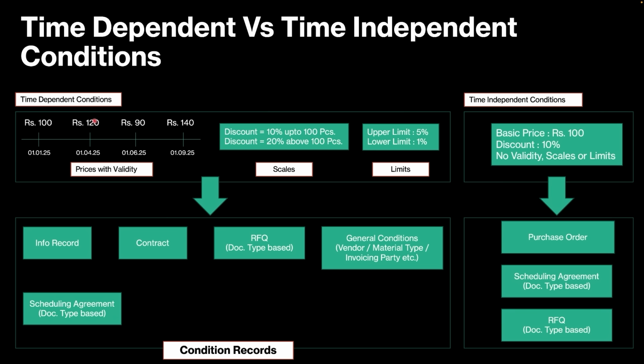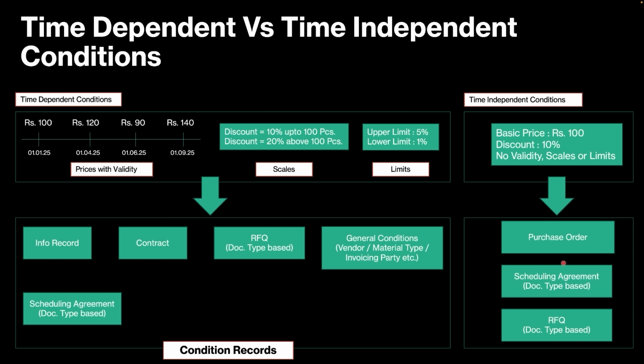They can allow time dependent conditions also through document type configuration, or they can have time independent conditions through different document type configuration. But for purchase order, the conditions are always time independent. So in a purchase order, you will always find conditions without any validity or scales or limits.